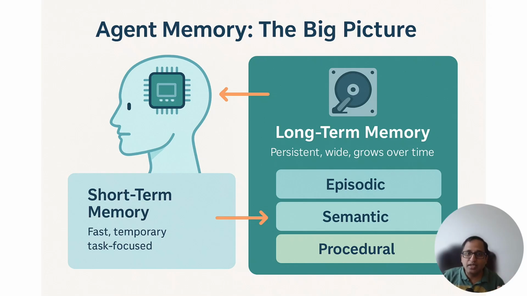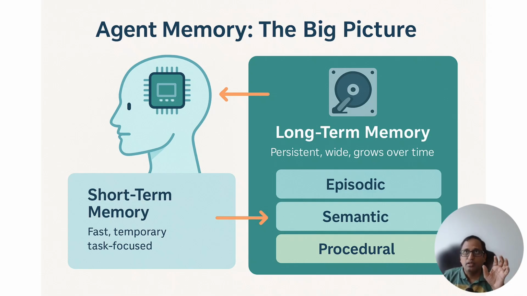And inside long-term memory, we can break it down into three functional types: episodic memory for recalling specific events, semantic memory for storing factual knowledge, and procedural memory for remembering how to perform a task. Each of these plays a different role in helping agents act, reason, and adapt to changing information.